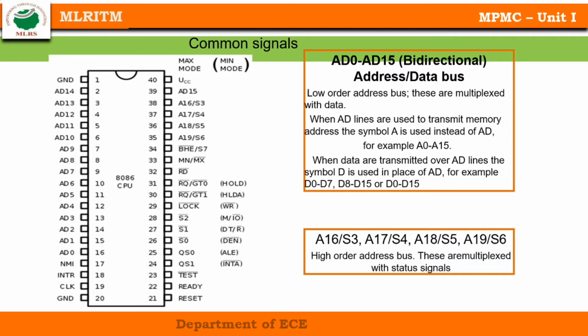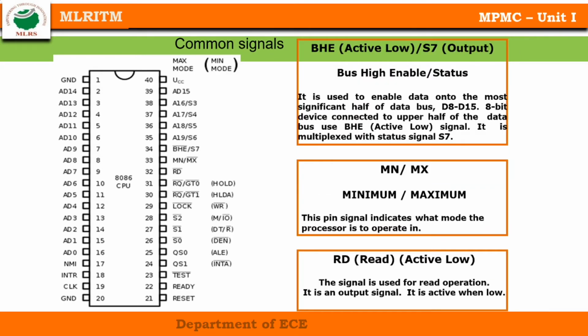Next is the BHE signal, the bus high enable signal. It is used to enable the data on the most significant data bus D8 to D15. An 8-bit device is connected to the upper half of the data bus using the BHE signal. It is multiplexed with the status signal S7.